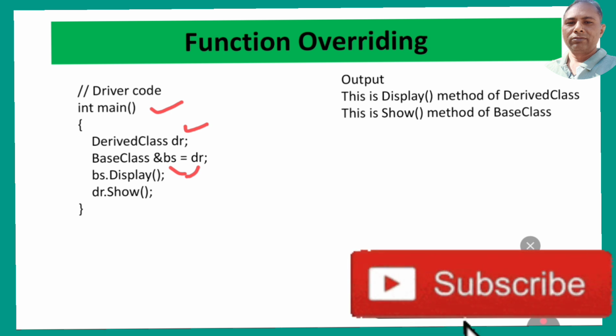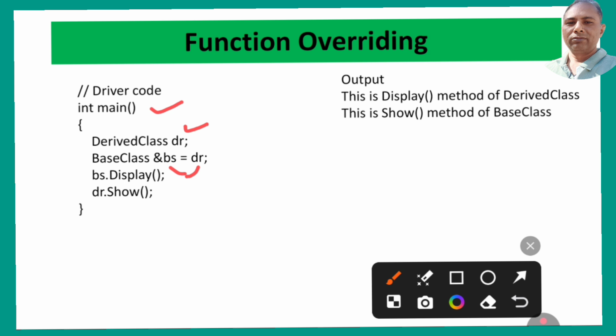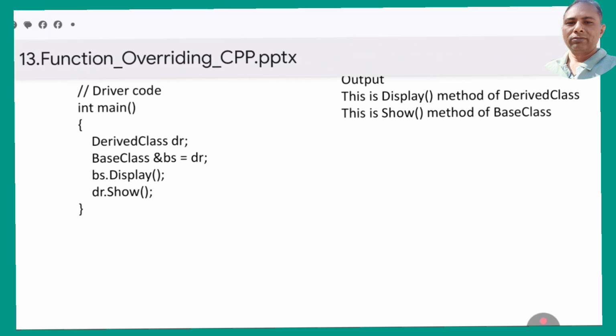If we write bs.display, this display method is of the derived class. If we write dr.show, we are calling the show function, and the show method is of the base class. Like this we can use function overriding in C++.